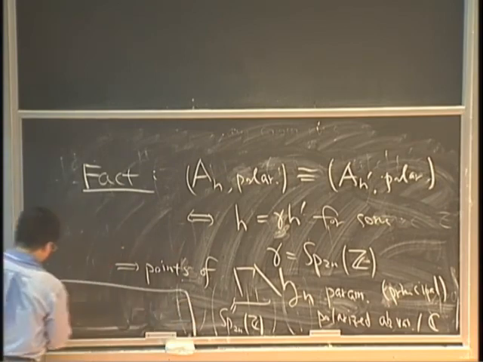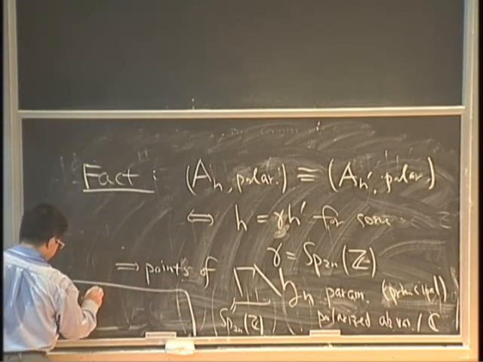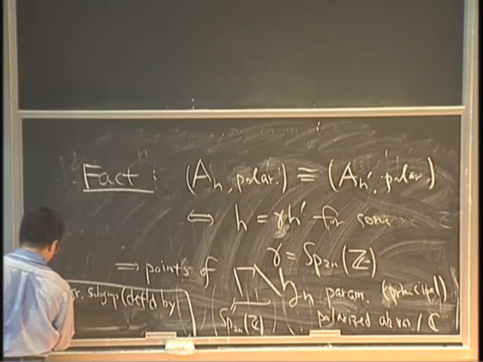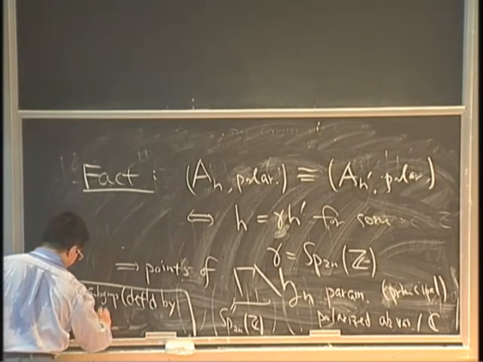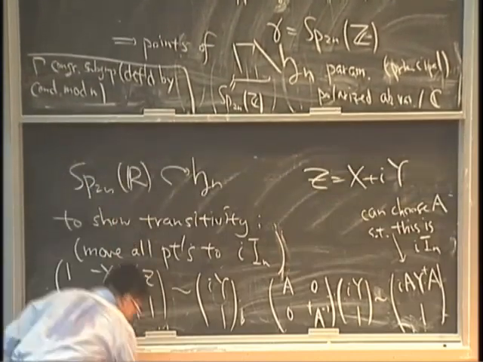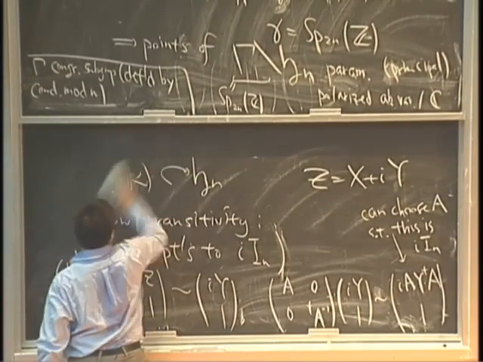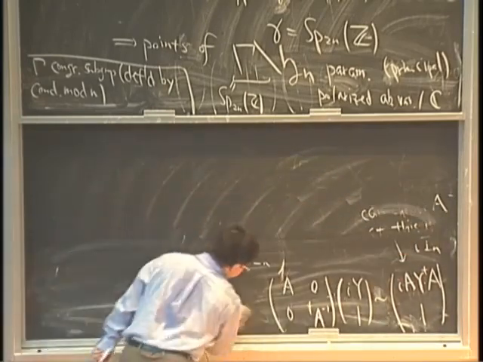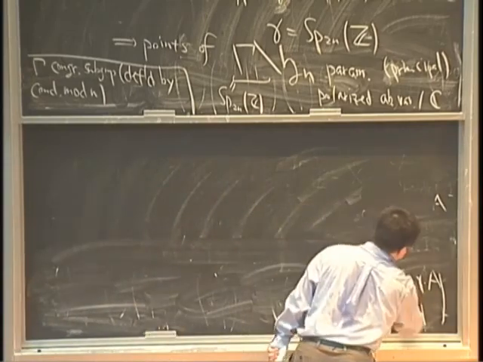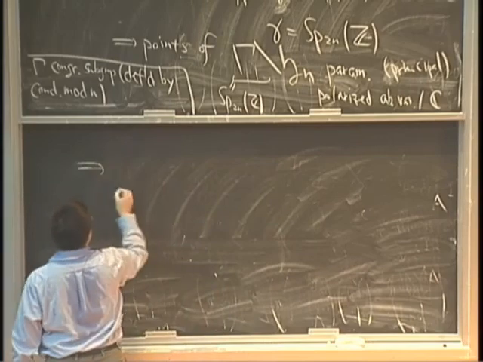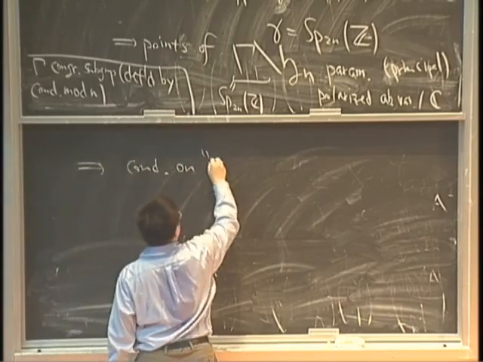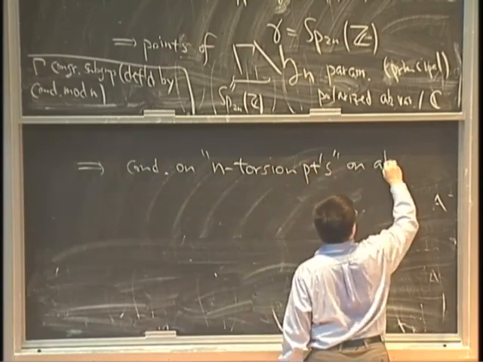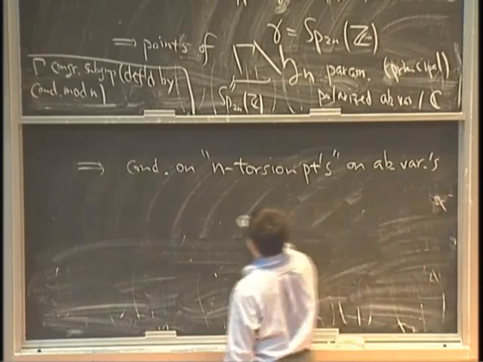So if gamma is a congruence subgroup defined by a condition mod n, then you get conditions on n-torsion points on the abelian varieties, and those are the so-called level structures.